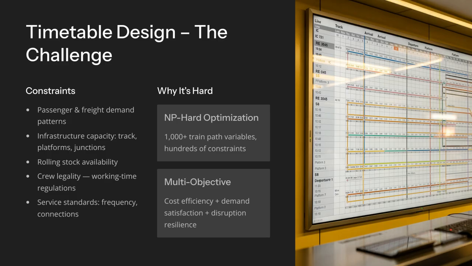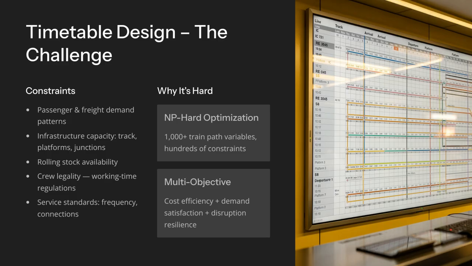Those conflicts require changes elsewhere. Those changes create new conflicts. It cascades. And third, optimizing for cost while satisfying every constraint simultaneously is what mathematicians call NP hard, which in plain terms means there is no known algorithm that can guarantee finding the perfect solution quickly. You're always working with approximations and trade offs.